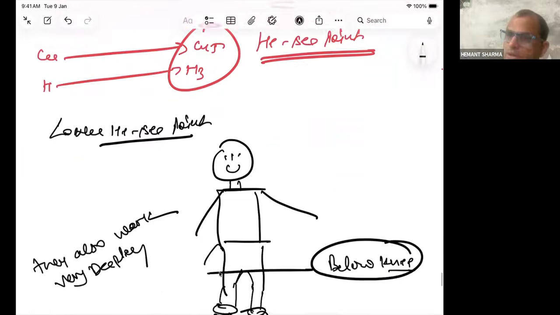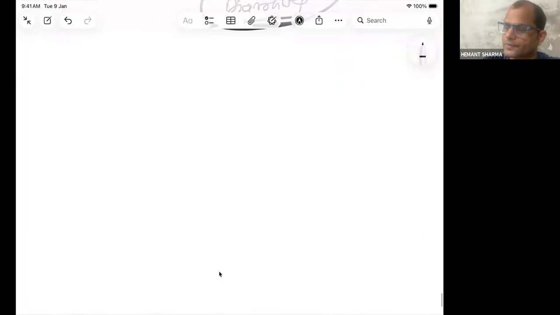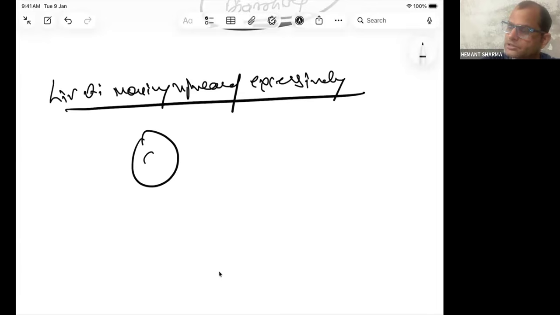Now, liver chi is moving upward excessively, very fast, very speedily. अब लिवर chi नीचे न जाकर सिर पर आक्रमण करती है, on the head.